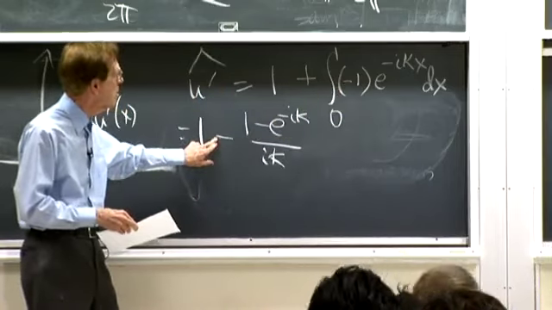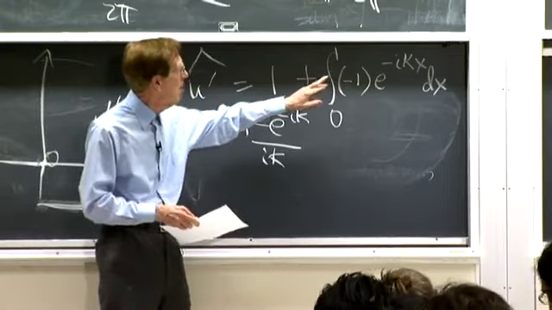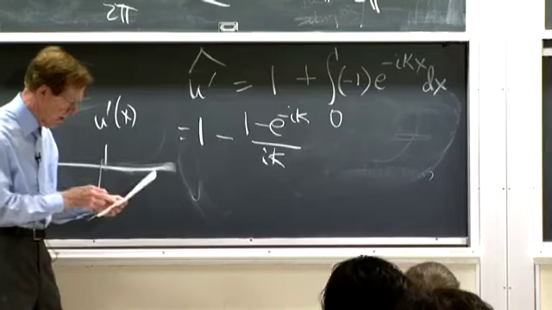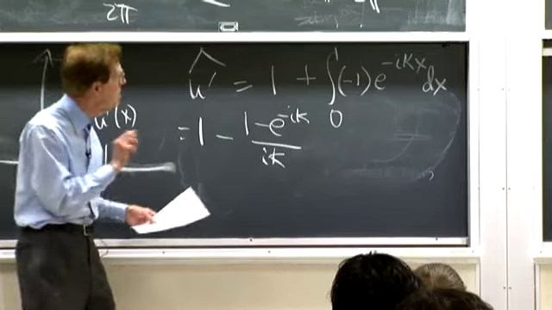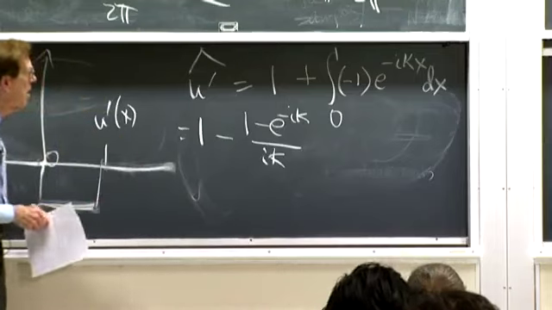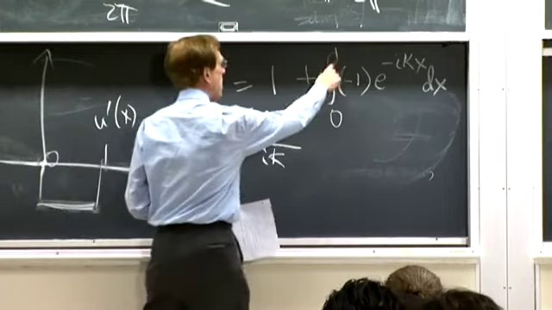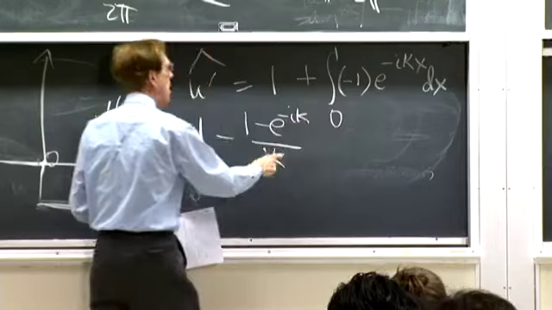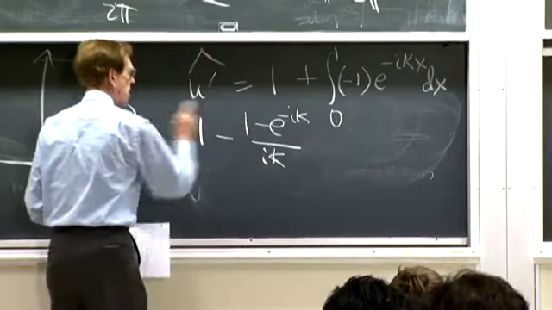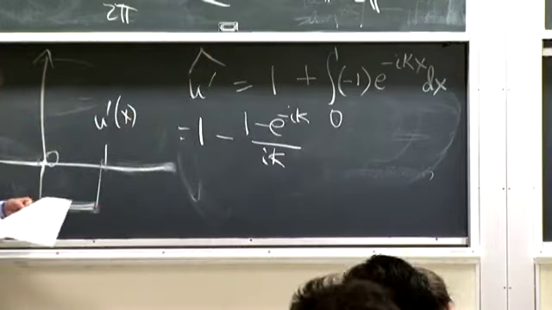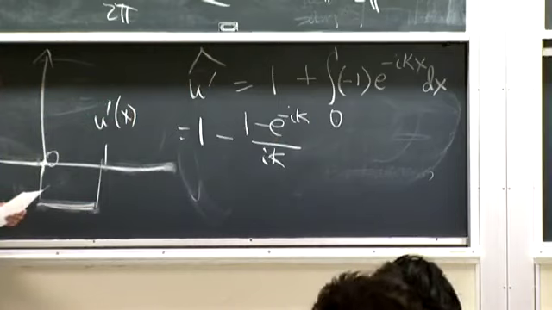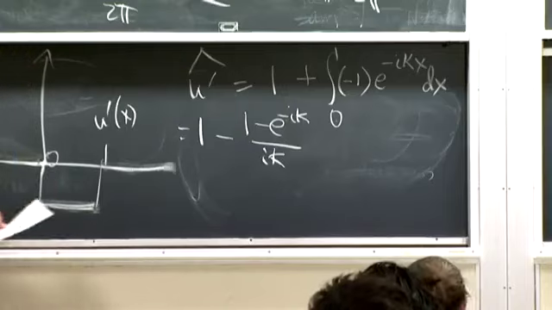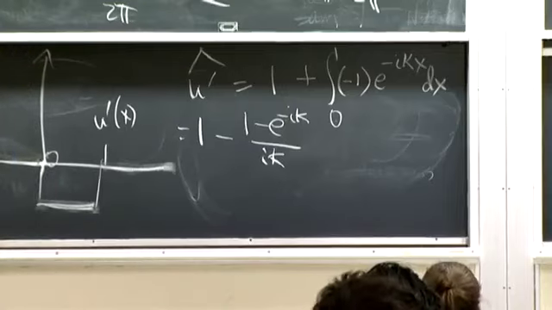I think the minus sign looks good. I plugged in x equals 1, and that's why I got an e to the minus ik, and then I plugged in x equals 0, and that's where the 1 came from.